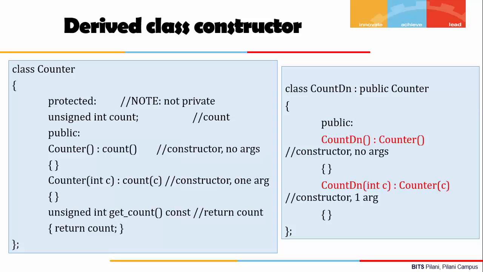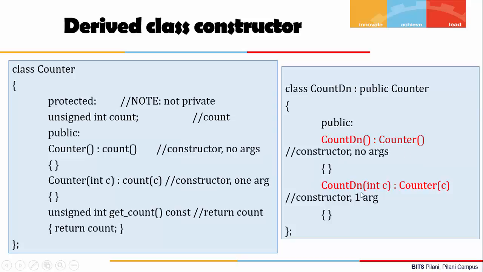Suppose this is the new set of constructors. If you see this no argument constructor, there is a function name following the colon. This calls the CountDn constructor, so this is the constructor of this class. This calls the constructor Counter in the base class. The base class constructor is called before the derived class constructor starts to execute.